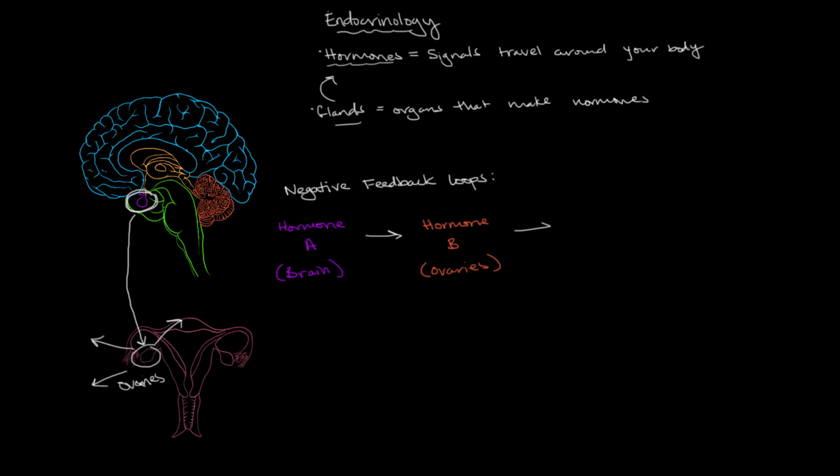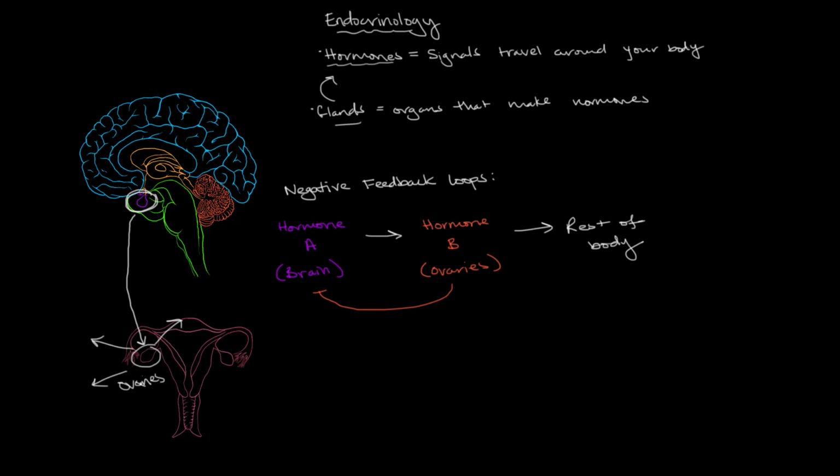Hormone B then travels to the rest of your body, and it'll tell your body to do something. But these hormones maintain their ideal levels because hormone B actually inhibits hormone A.